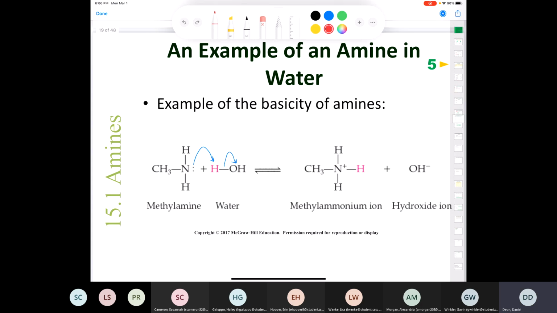And when we have reversible arrows, what does that mean? It means equilibrium. Okay? And the reason why we have to use equilibrium arrows is because of weak base. If it was a strong base, sure, you draw the arrow irreversible like that, but since it's weak, we draw it in an equilibrium.